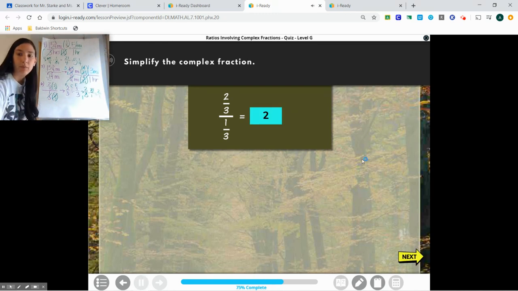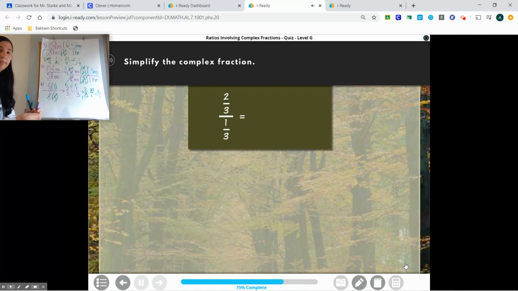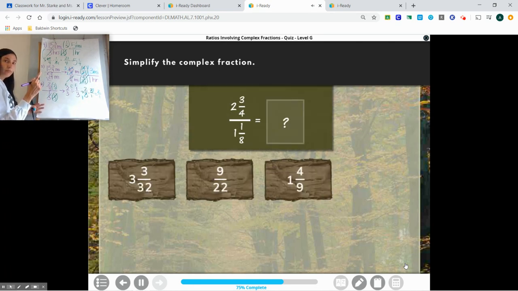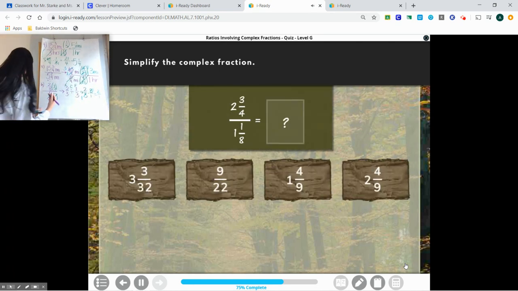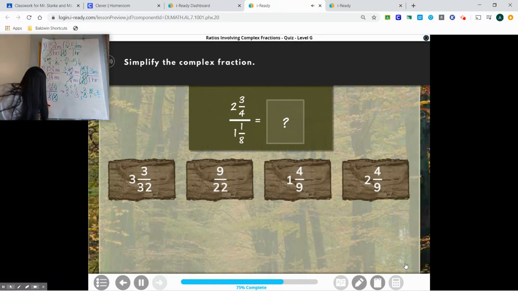I think I can put one more on this page before I have to flip it. Simplify the complex fraction. Okay, here we go. So this is 2 3/4 divided by 1 1/8.